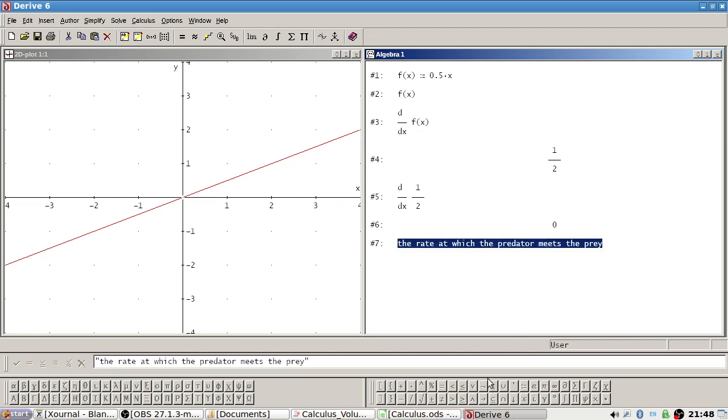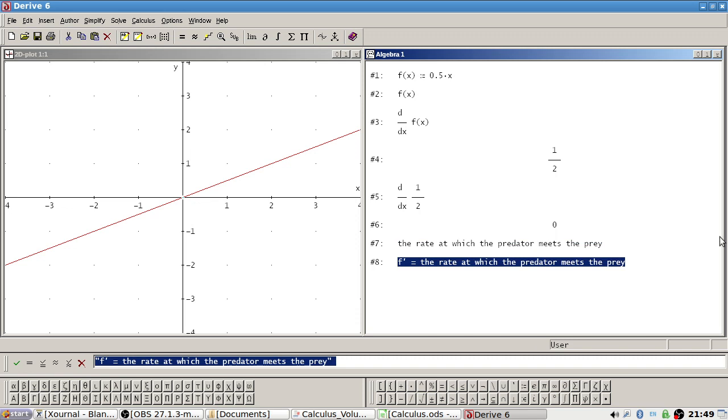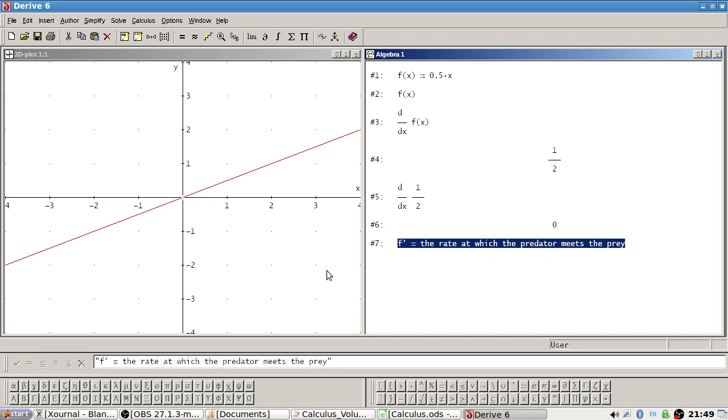Sorry. Right, and then the second derivative. So that's the first derivative. What about the second derivative now? That's the rate at which the rate that predators meet prey changes at.